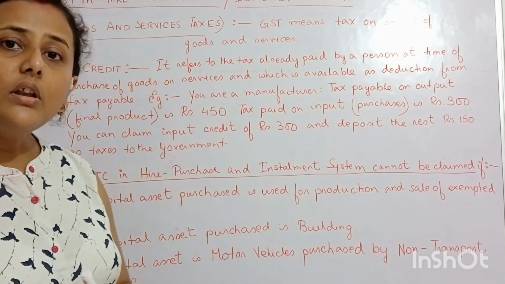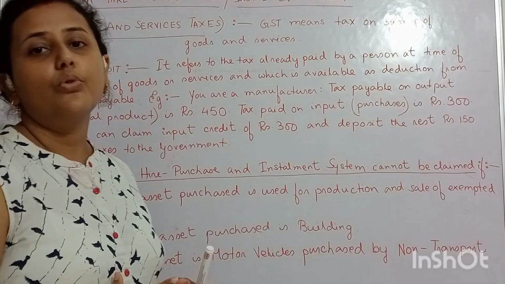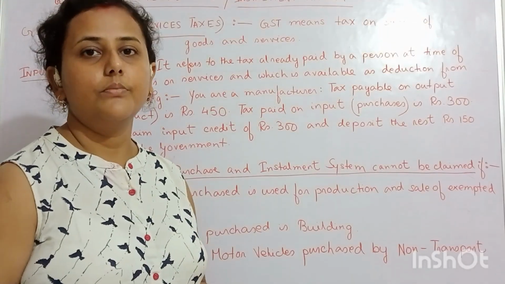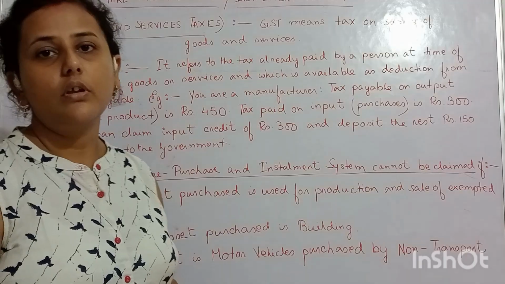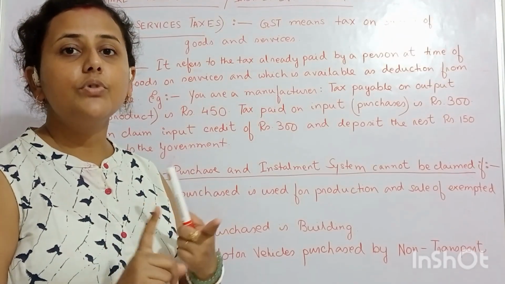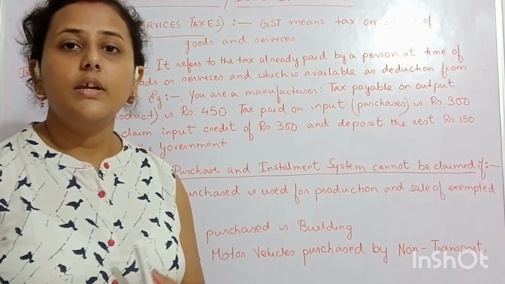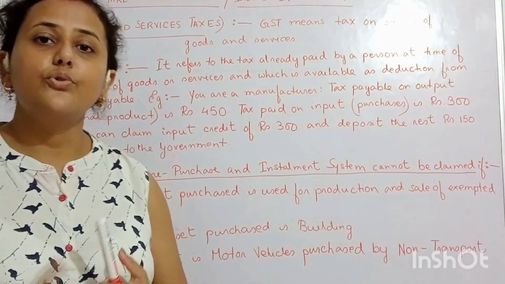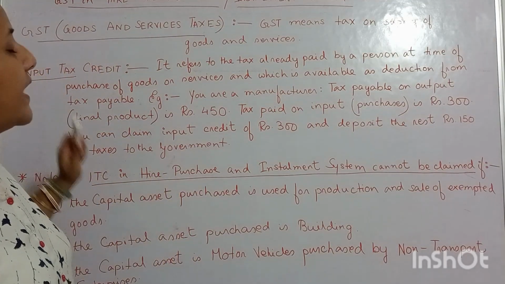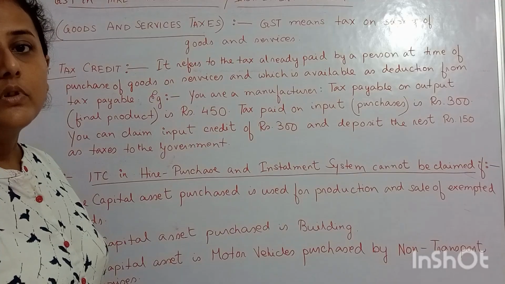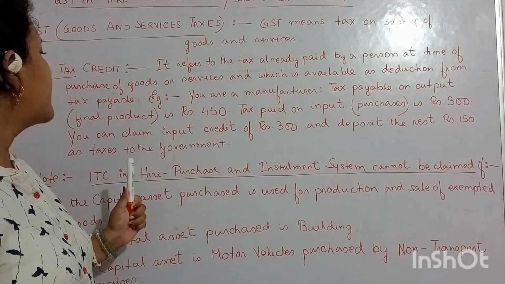So he can collect more from the sale of the product, that is, he has collected rupees 450. The difference between the two, 150, is deposited into the government treasury. That is input tax credit.